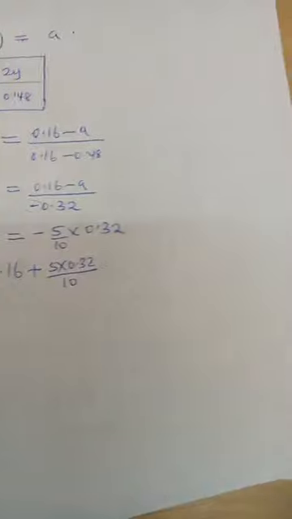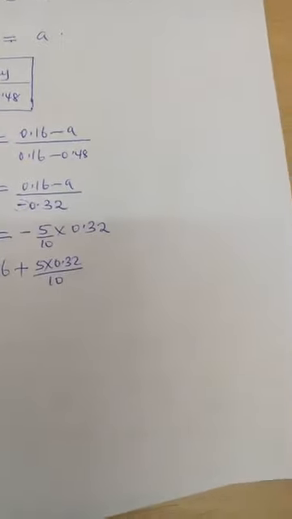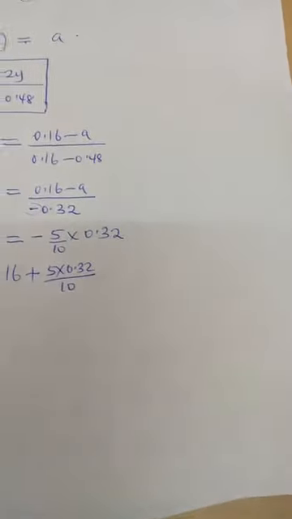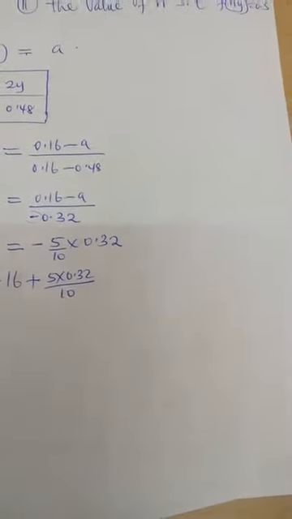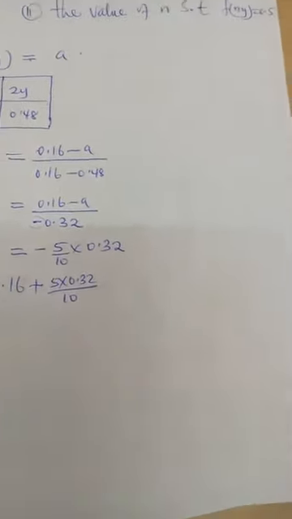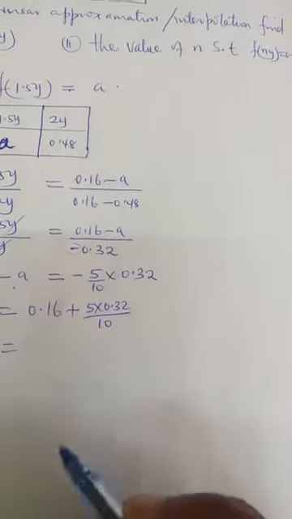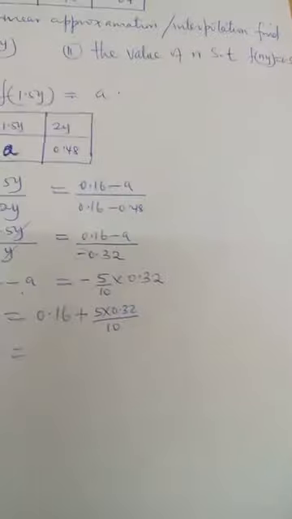Our a mathematically will give us a value which, ideally, should be greater than 0.16 but less than 0.48.